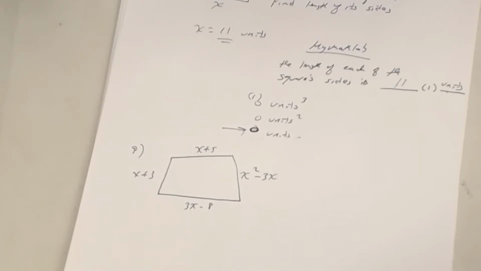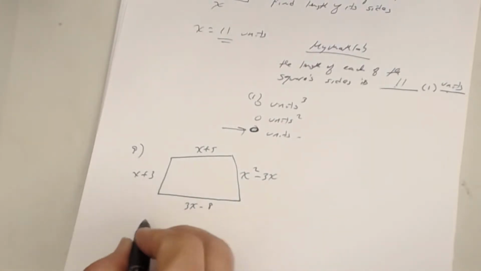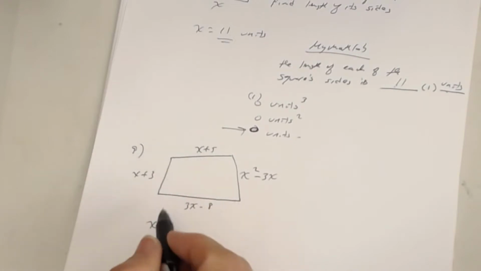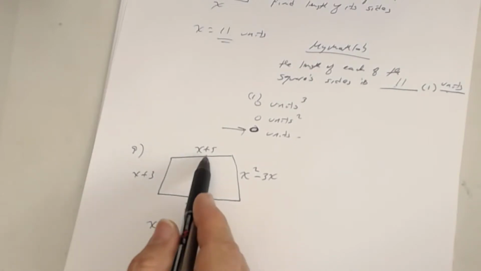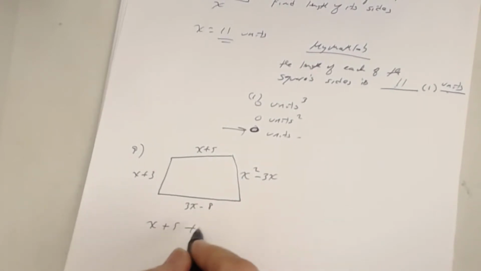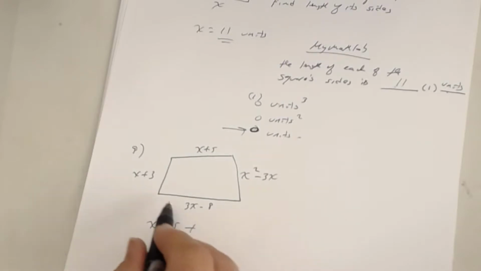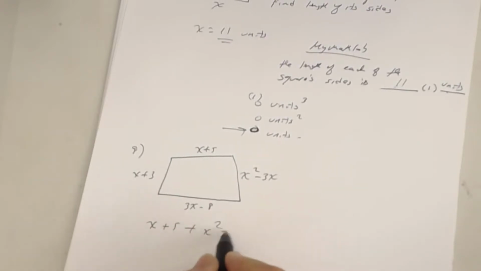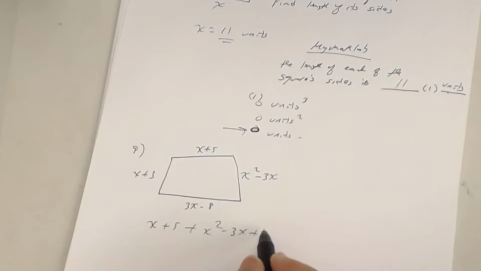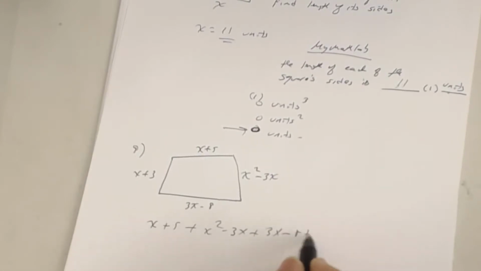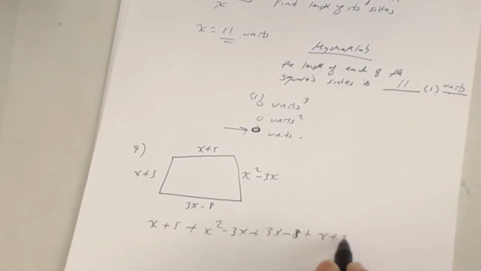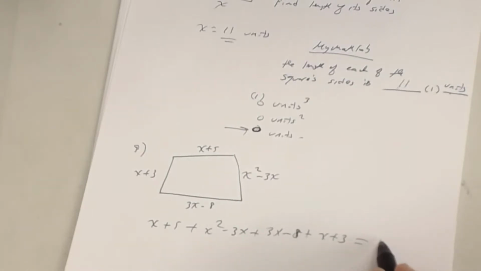So you have a separate equation. Your equation then would be what? Which one do you want to start with? x plus 5. Okay, so it'll be x plus 5, so that side, plus the x squared minus 3x, so that side, plus 3x minus 8, plus x plus 3. And all that has to equal what? 121.